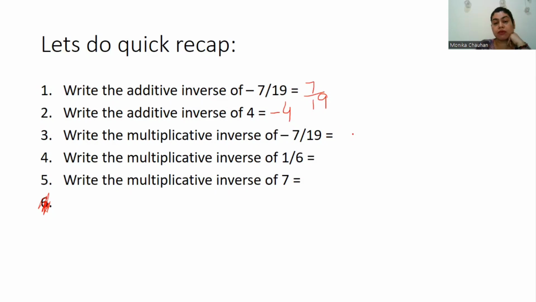Multiplicative inverse of -7 over 19 is 19 over -7. Multiplicative inverse of 1 over 6, or you can say reciprocal, both are the same, is 6. Next, multiplicative inverse of 7 is 1 over 7. I hope this is clear.